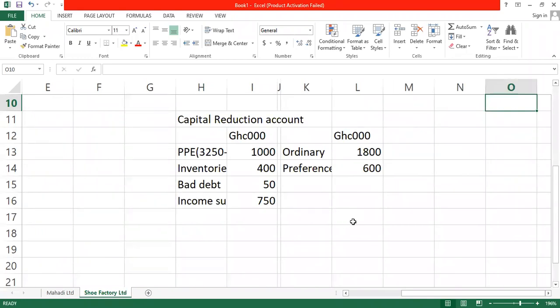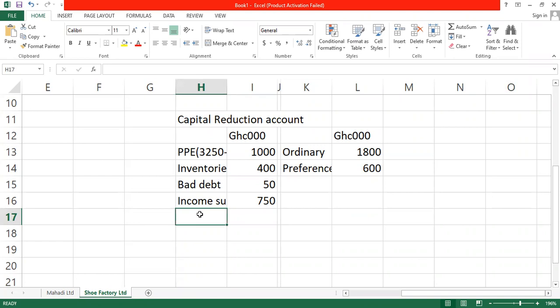The credit side is how much? It's 2,400. The debit side is how much? It's 2,200. So which side is higher?